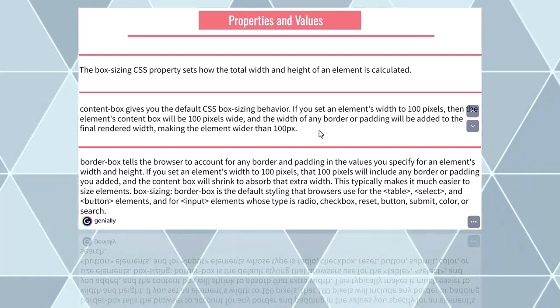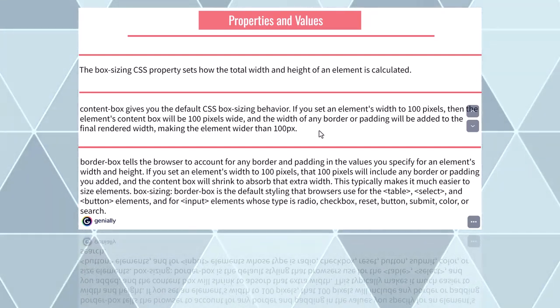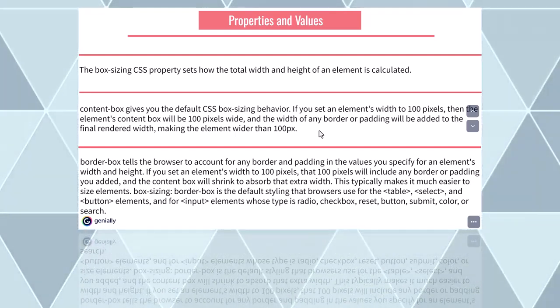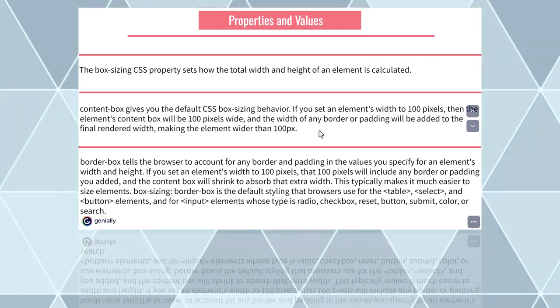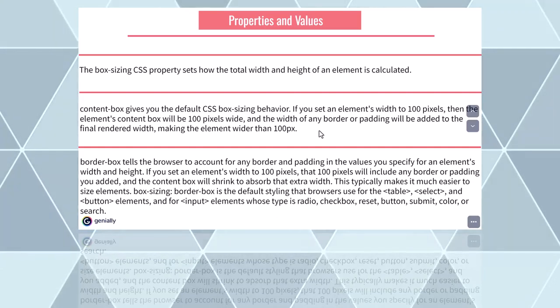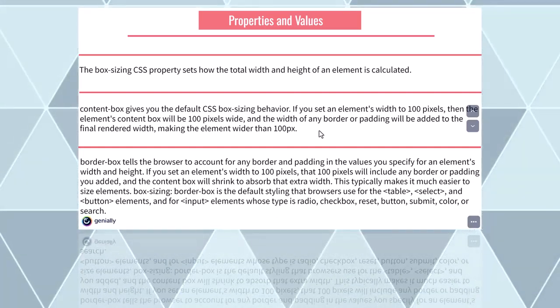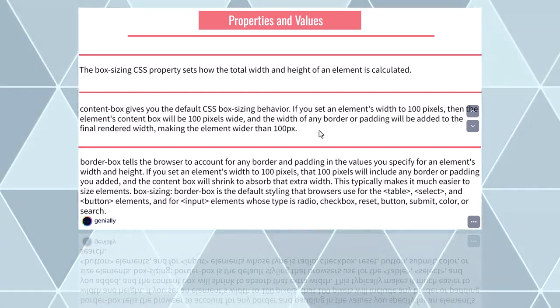I feel like it will be easier to understand if you say it will be inside, because this is border box. Do you understand what that means? But if you add it with content box, it's outside.